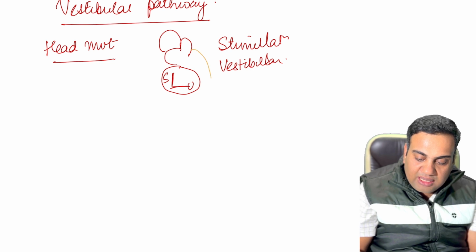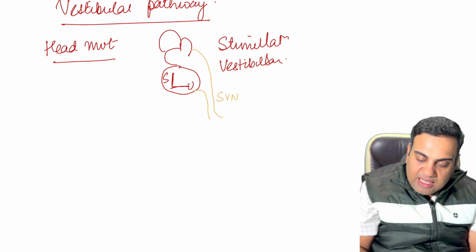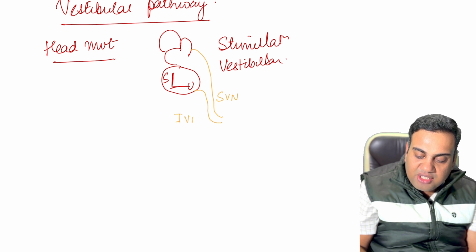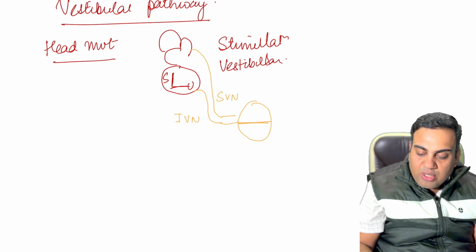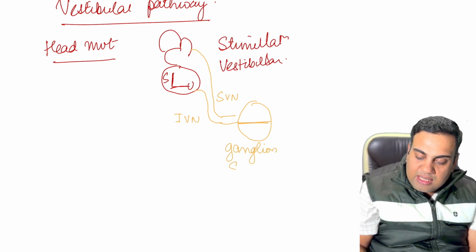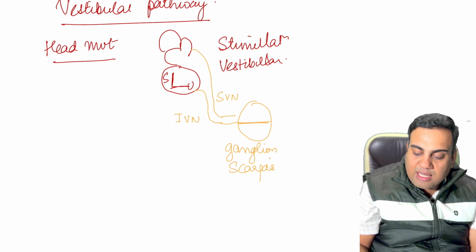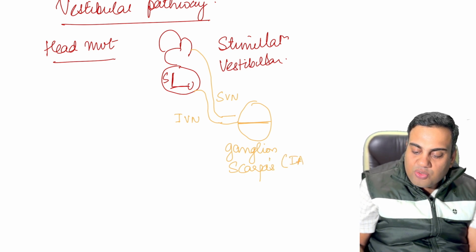From above goes our superior vestibular nerve, from below goes our inferior vestibular nerve, and they go to an area called the vestibular ganglion. The name of this ganglion is Scarpa's ganglion, which is very close to the internal acoustic meatus.